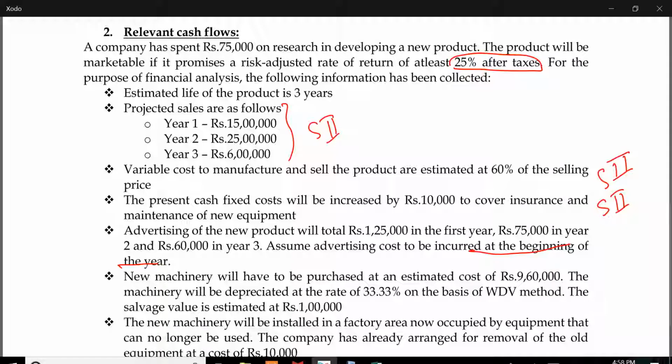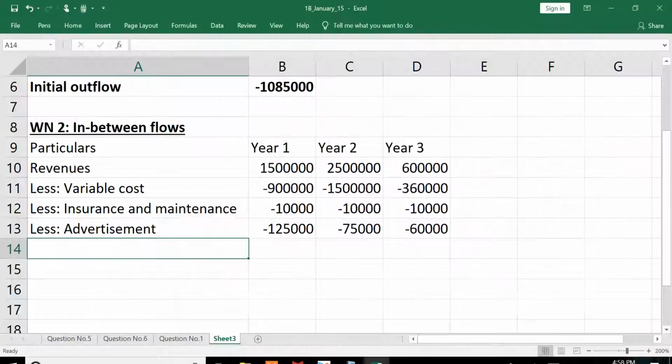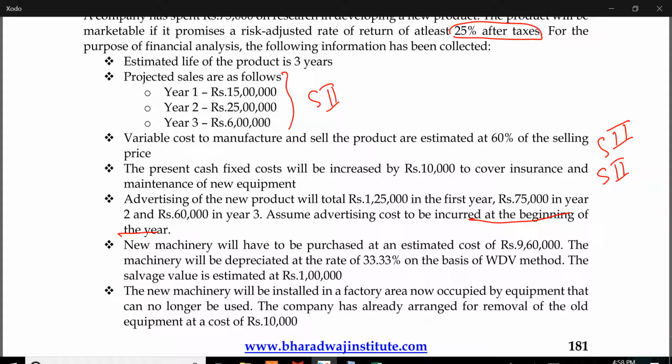What's the next item? Okay, you calculate the depreciation with this. Calculate depreciation. It's basically 1/3, 33.33, WDV method.